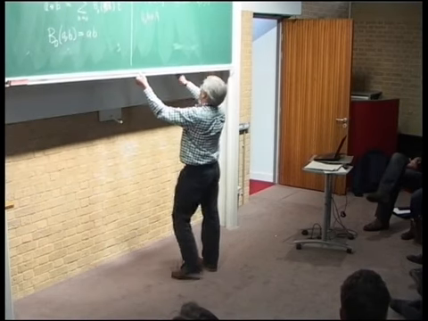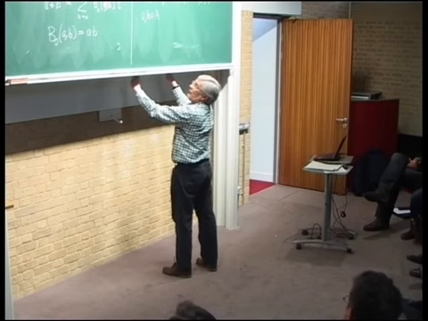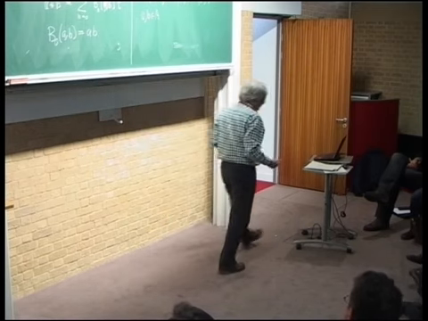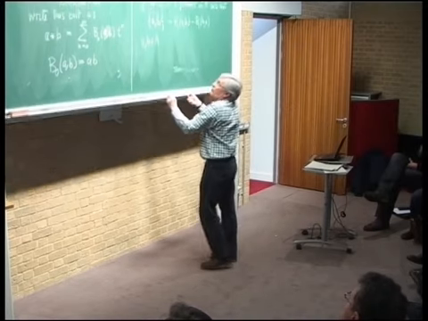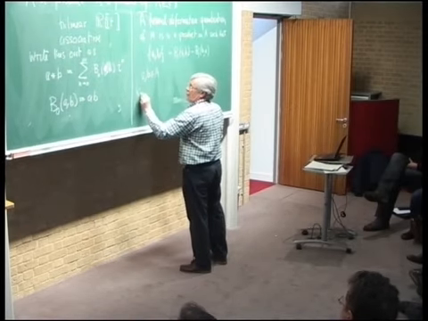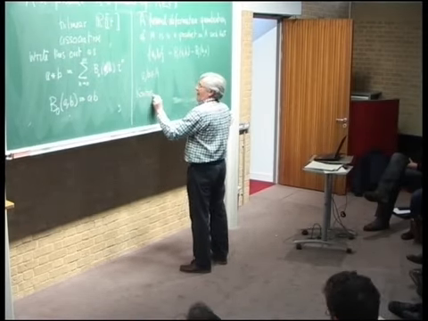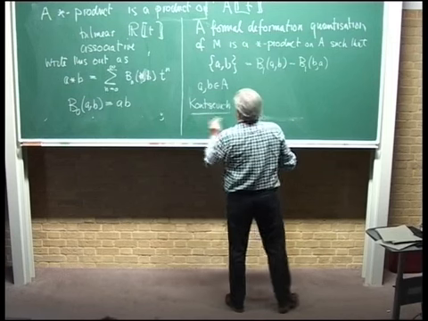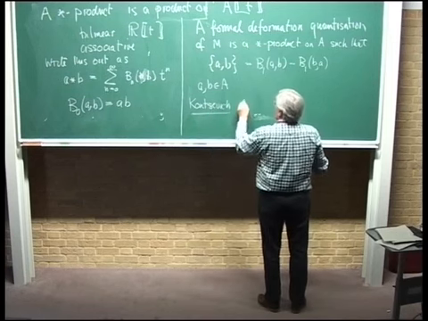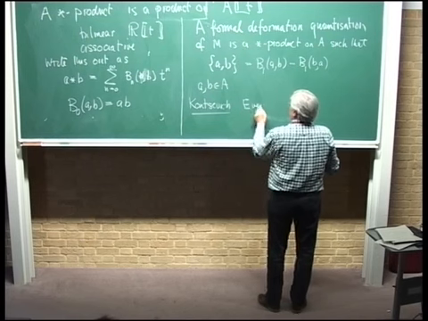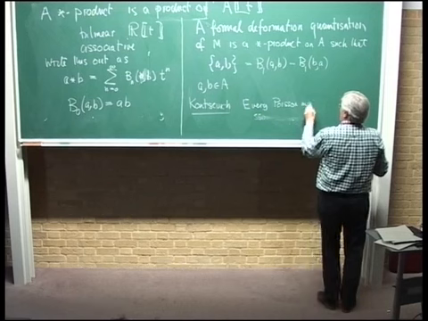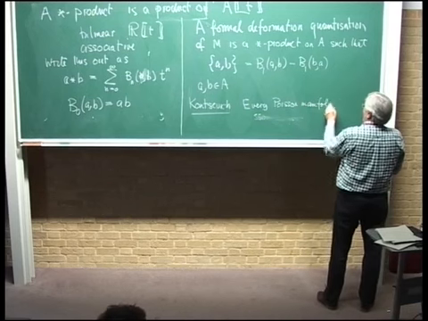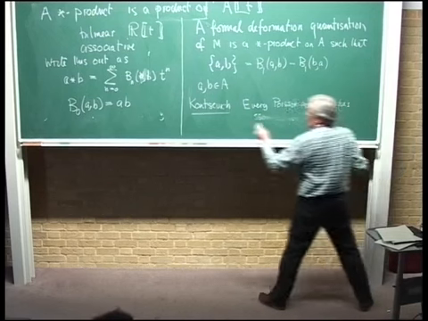All right, now let's see how I can do. Okay, I'm at a stage where I can actually state precisely what Kontsevich proves. Every Poisson manifold has a deformation quantization.